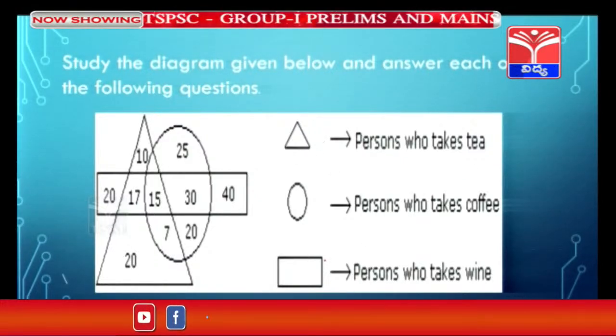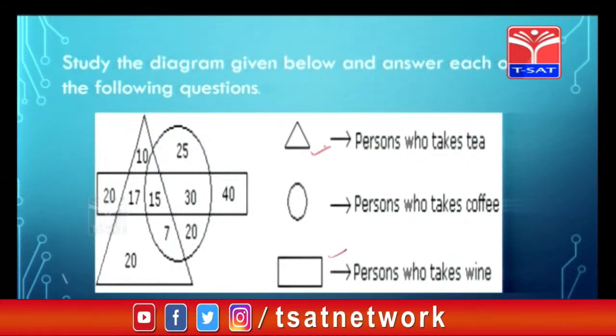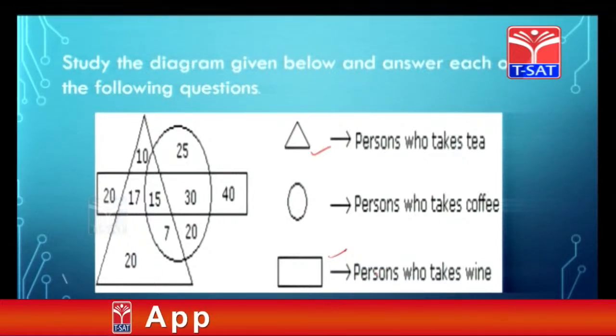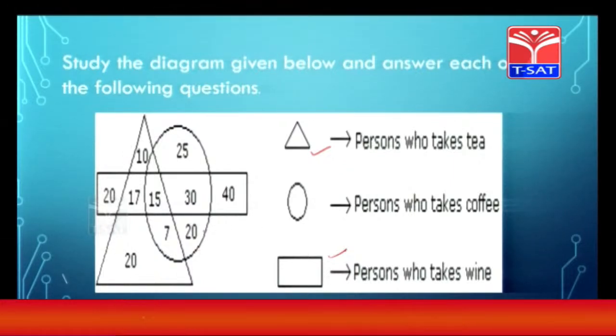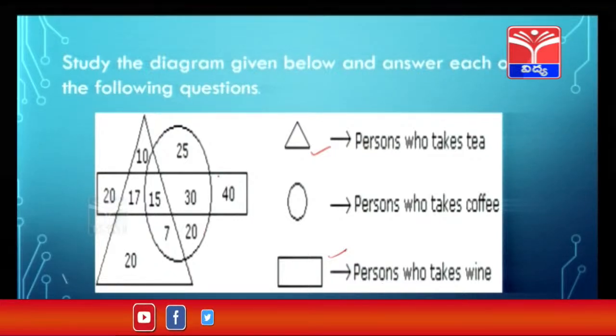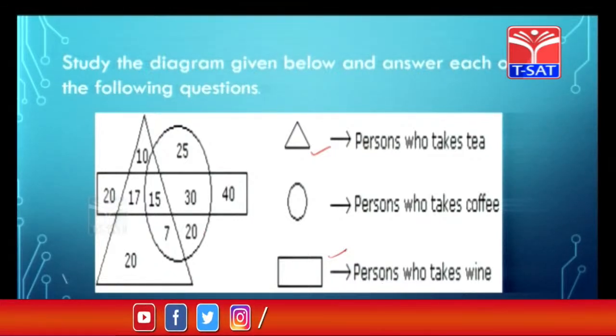They have to take wine, which comes under the rectangle, but they have not taken coffee. So it comes under the triangle and the rectangle, but it should not come under the circle.